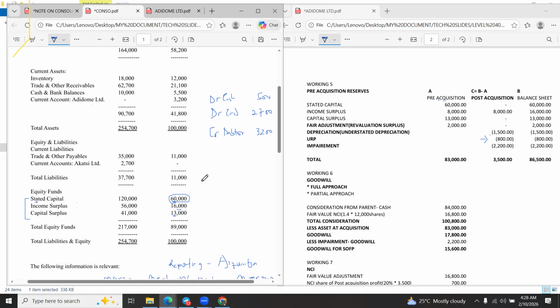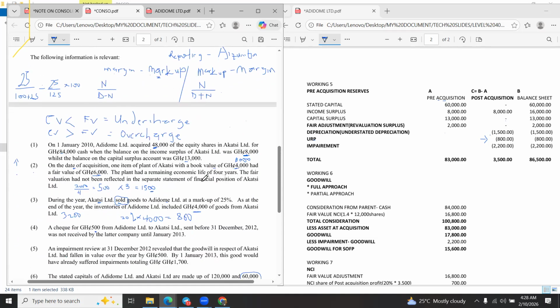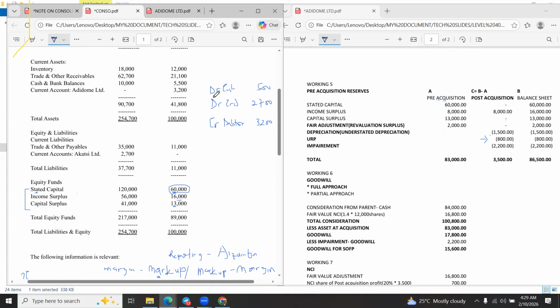That is why I am asking you, if I have parted away with money, it means that I have what from my bank? It means that I have credited my account. How do I reverse the entry? I need to debit it. That is why you see debit cash or bank with 500. Then you come and also correct this transaction. So in your new statement, when you open current account and write Adidome 3,200, you must also less 3,200 from it.